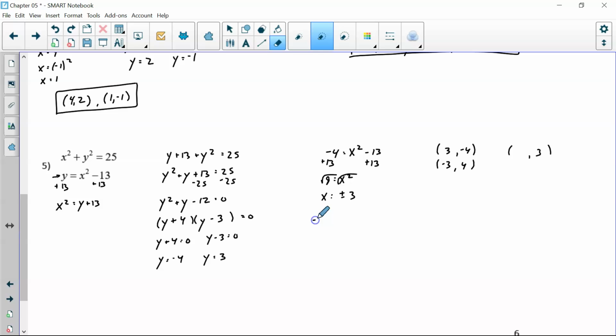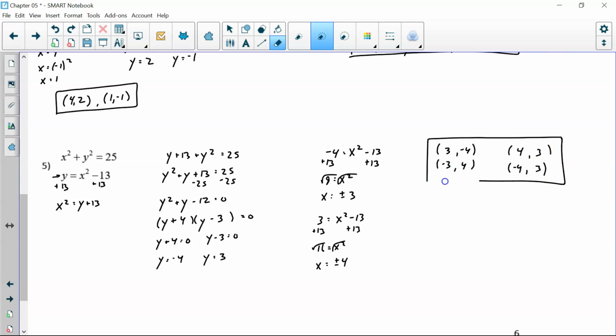So once again, 3 equals x squared minus 13. Add 13 to both sides. 16 equals x squared. Take the square root of both sides. X equals not just 4, but positive and -4. So we have two solutions when y is 3. We have a positive 4, 3 and a negative 4, 3. What's happening here is the graphs are intersecting 4 times.